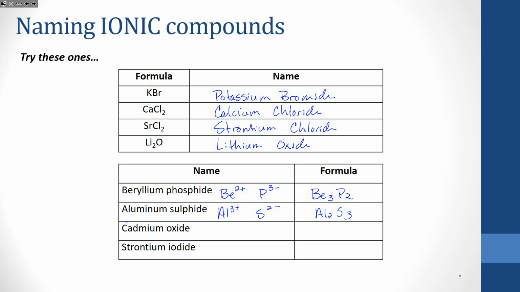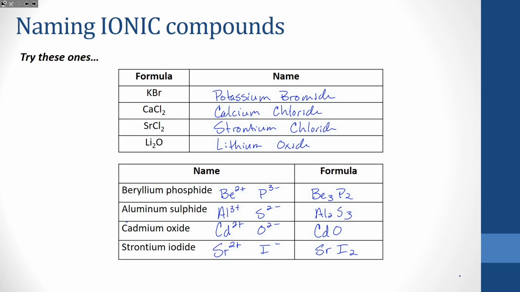Cadmium, yes, Cd is a 2+. We're going to work with those ones in the middle a little bit more later, but cadmium is on the backside, so I'm going to go with it. It is a 2+, oxygen is a 2-. So that means when we put these together, it's CdO. Strontium iodide, so that's Sr with a 2+, and iodine is a 1-, so SrI2.